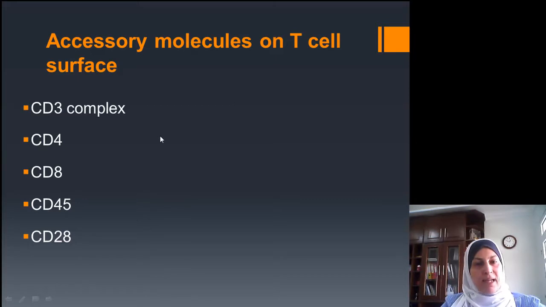Let's talk about the different accessory molecules on the T cell surface. Of course, there are accessory molecules, like for example CD79 on the B cell, but we specifically discuss the accessory molecules on a T cell surface because they play a major role in controlling the immune response, and we will come across these molecules when we are talking about autoimmunity or different types of autoimmune or immune-mediated conditions.